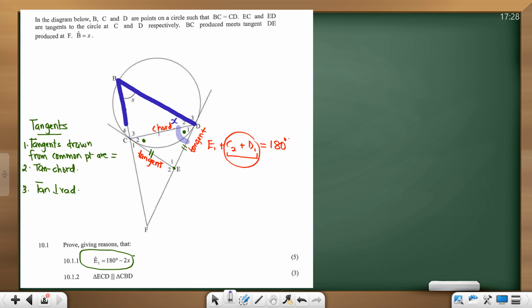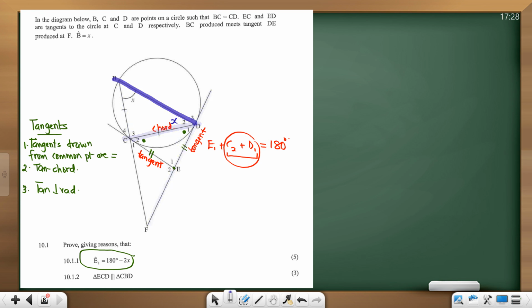Where does it go to? X. Please let me know if it's okay for D1 to be X and you are not lost. Tangent, chord. D1 is the angle between the tangent and the chord. Then I look at the chord CD, right? That's the chord I'm using and the tangent. Where does chord CD lead to? It leads to angle B.